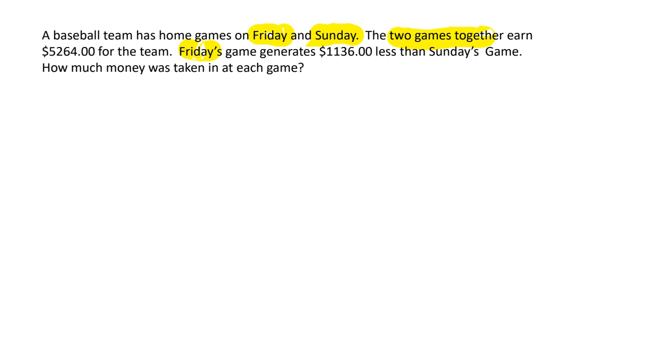How much money was given at each game? The key is, what are the nouns? F will equal Friday and S will equal Sunday. Those are our nouns.